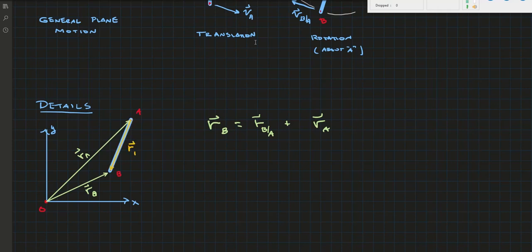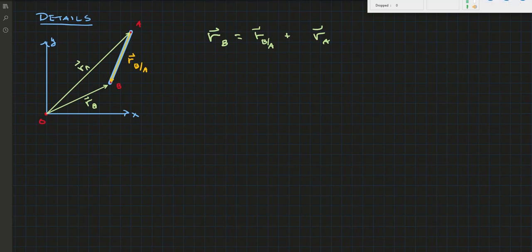So this is R of B with respect to A. And that always will be along the axis of the link. And as we will see, that is really convenient for our analysis coming up.